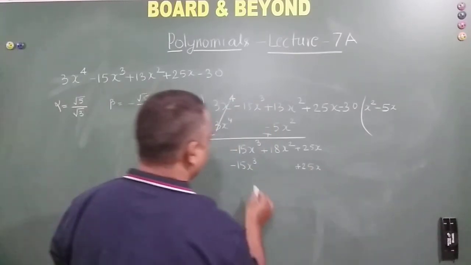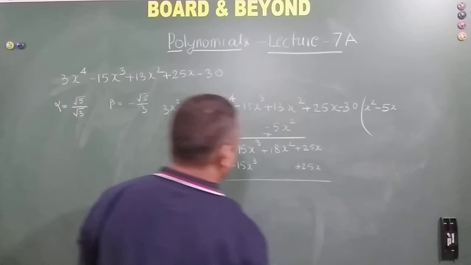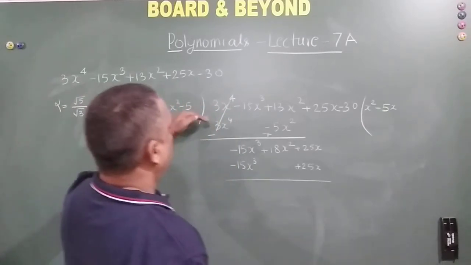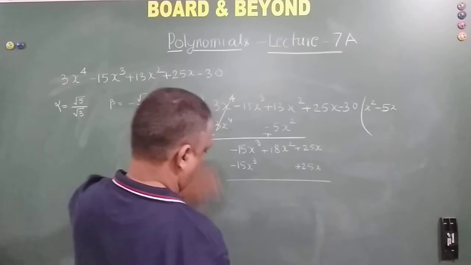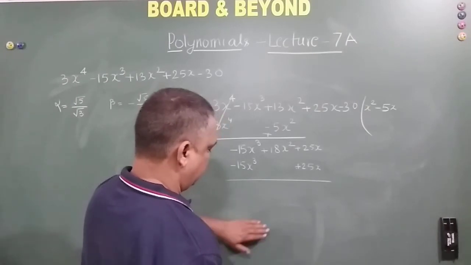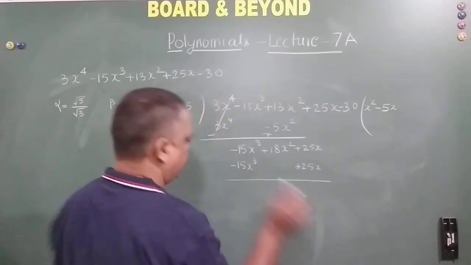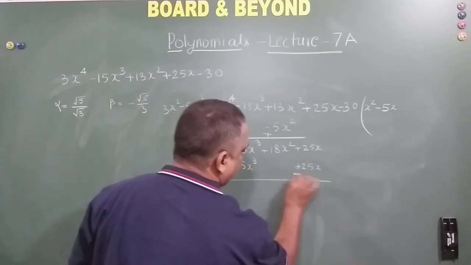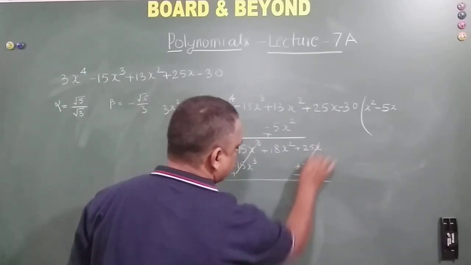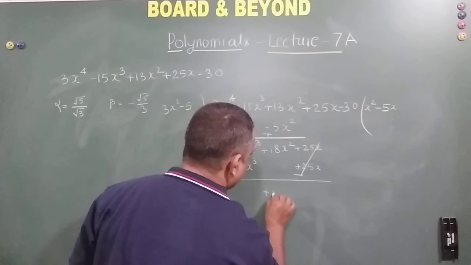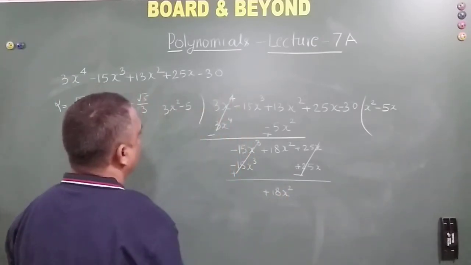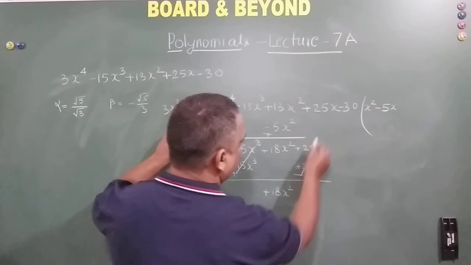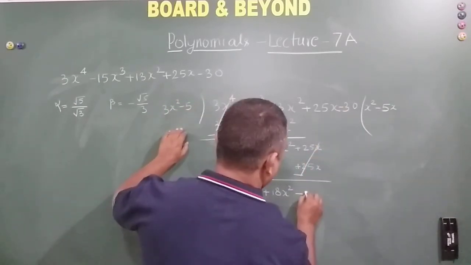So what's happening here? It was 3. Right. Okay. Plus minus. So this cancels and this cancels. I am left with 18x square, okay, and minus 30.